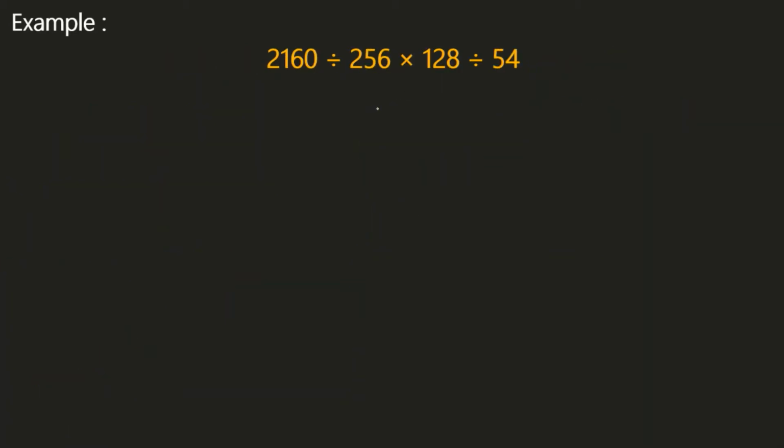So let's take a look at one more example. And again, we're going to use 2 different methods to solve it so we can cross-compare how difficult or easy each method is. In our first method, we're going to use reciprocals to convert the divisions into multiplication. So same as before, 2,160 divided by 256 is the same as multiplying by its reciprocal.